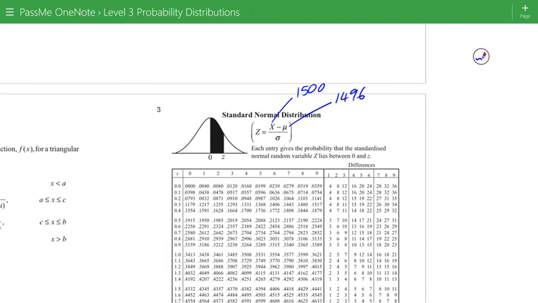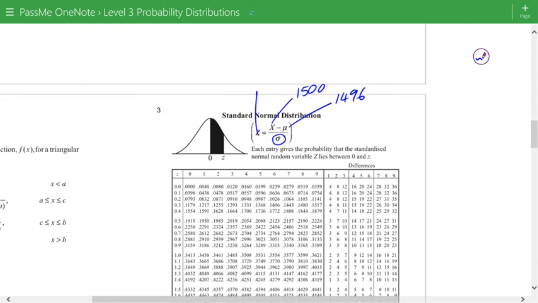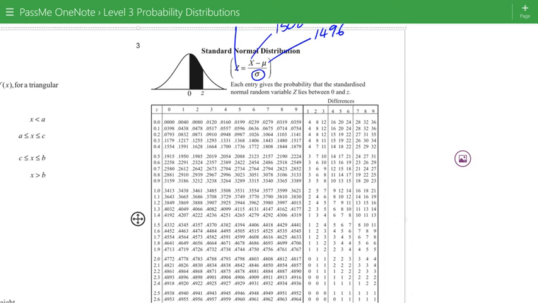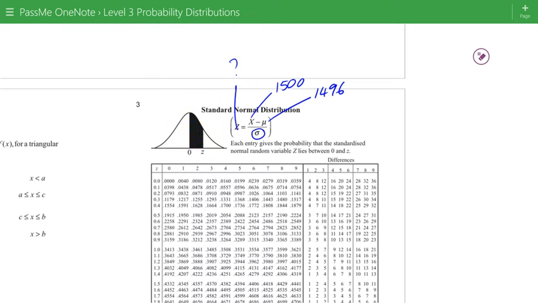We want to work out sigma, so we're going to need something for z. A z value comes off our table here, and this diagram shows that the table's working for that area in there, which we worked out to be 0.22. So in this part of the table, we're looking for 0.22.